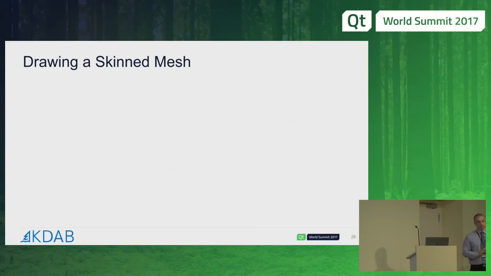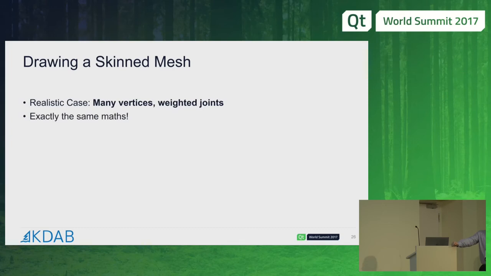Now, unfortunately, drawing a single vertex with a single joint is not particularly common. What we want to do is draw many thousands of vertices with potentially many hundreds of bones, with weights associated with them as well. The good news is the maths is exactly the same, we just have to do lots of it. The slight gotcha is that we store the joint poses as local transforms relative to their parent.